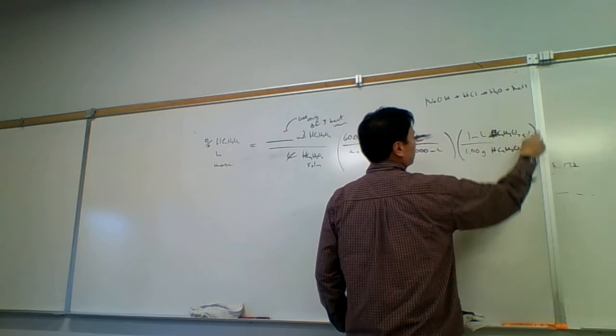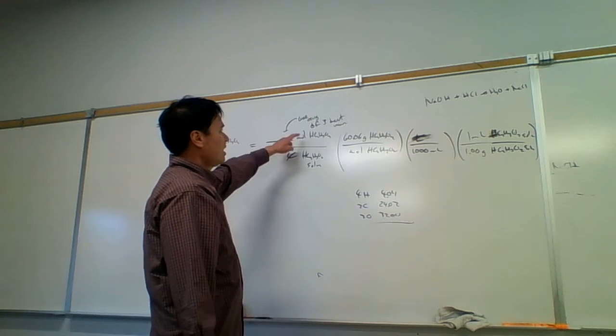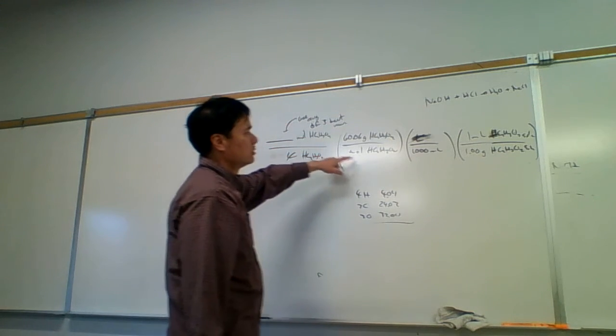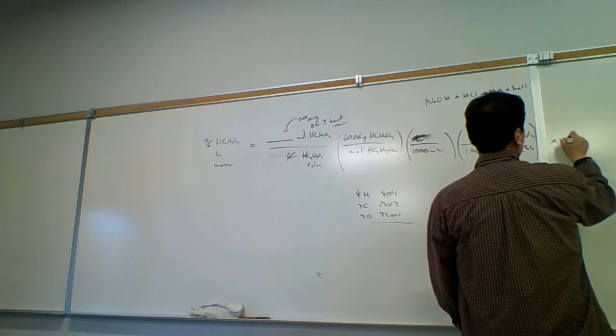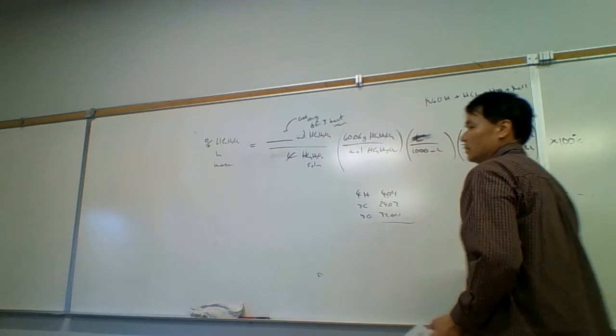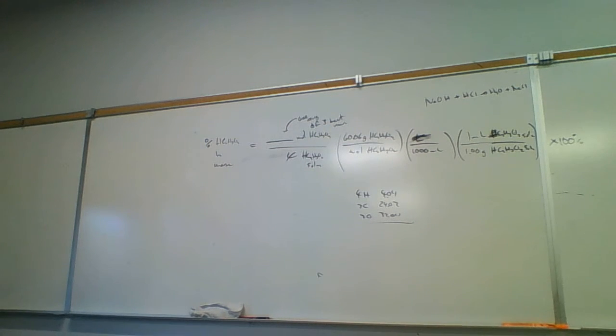It's pretty dilute, so this is why they're saying it's the same as water. And so we have grams of pure acetic acid over total grams, that is the grams of acetic acid solution, and then this is multiplied by 100%. It gives us the percent acetic acid. So those are the 3 calculations you do. Okay, other questions?